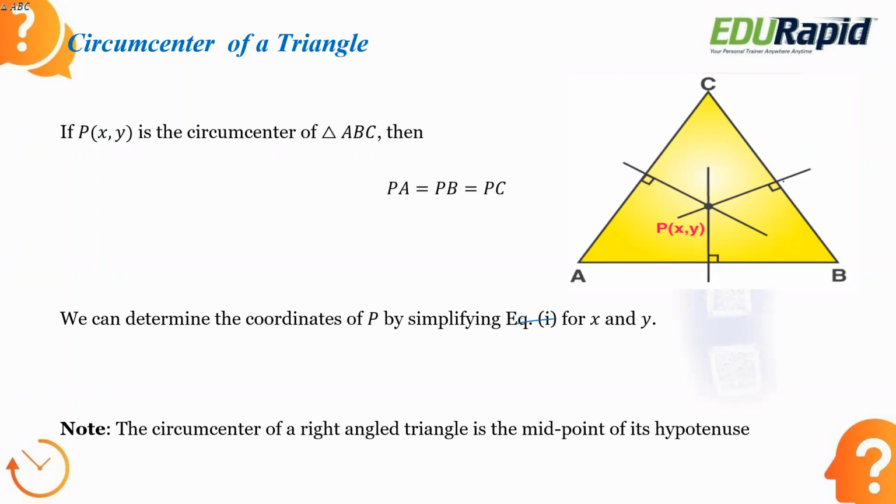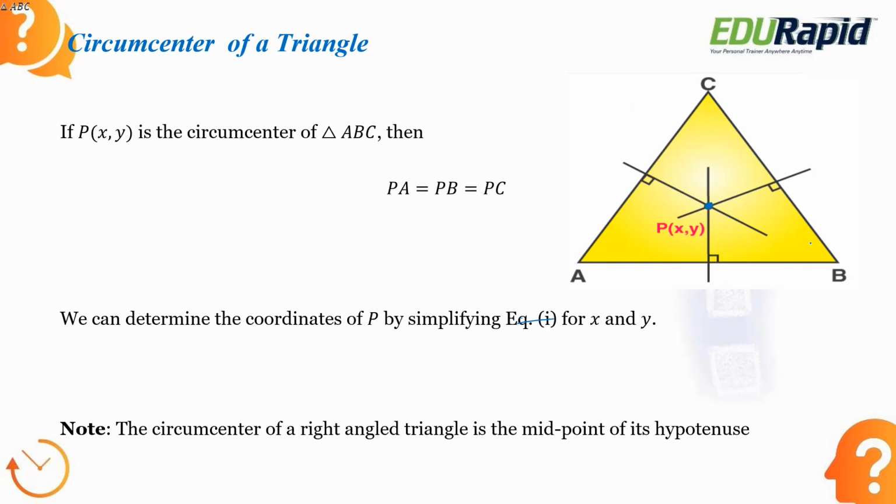So the circumcenter of a right angled triangle is actually the midpoint of its hypotenuse. So here, in fact, they've just taken the circumcenter. Circumcenter in the sense, if you have a circle around this triangle, and then you consider the points, then the P is a circumcenter of this triangle.